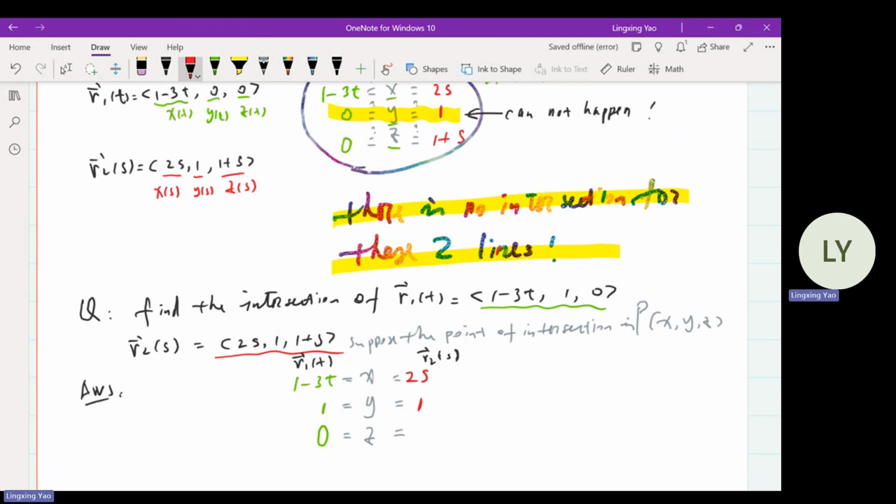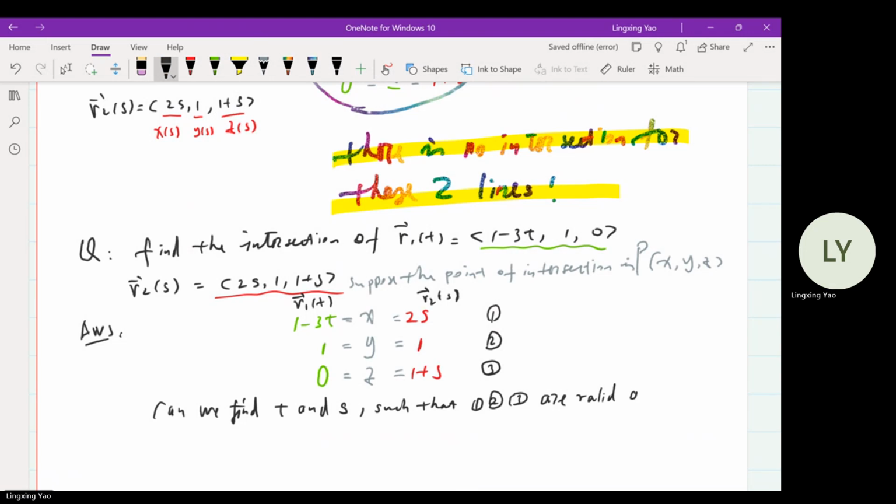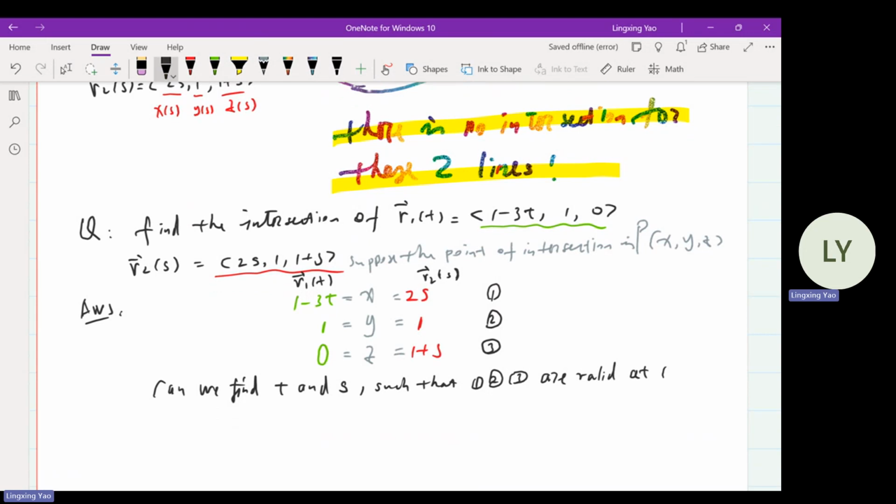And on the right hand side, we have 1 plus s. Okay. Then the question becomes, can we find t and s such that equations 1, 2, 3 are true at the same time, are valid at the same time?